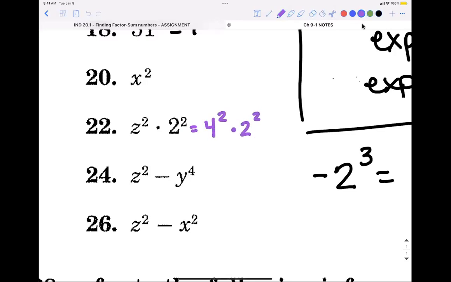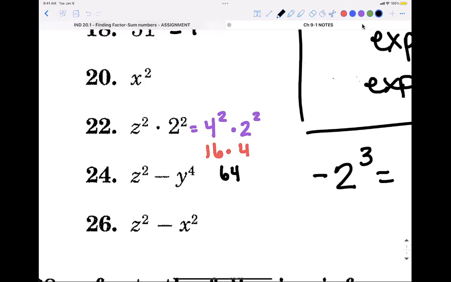Now, PEMDAS says parentheses first, don't have any. Next exponents. Don't multiply 4 times 2 here. You've got to do the exponents first. 4 squared is 4 times 4, which is 16. 2 squared is 2 times 2, which is 4. And now multiply 16 times 4, which is 64.